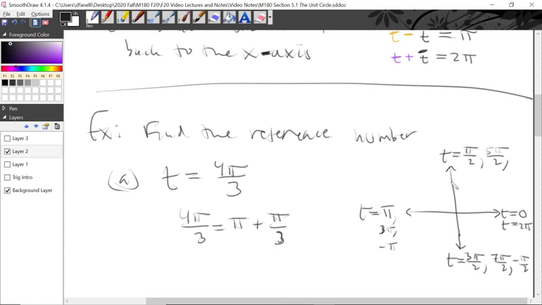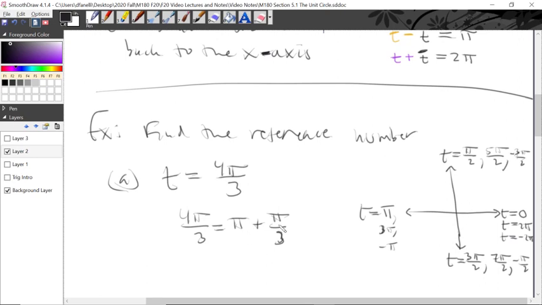For example, the positive y-axis, if we're rotating in the clockwise direction, would be negative 3 pi over 2. And we'd be back at the positive x-axis again if t is equal to negative 2 pi, and then this would continue. So these are some values of t that would be quadrantal. They would terminate on an axis.